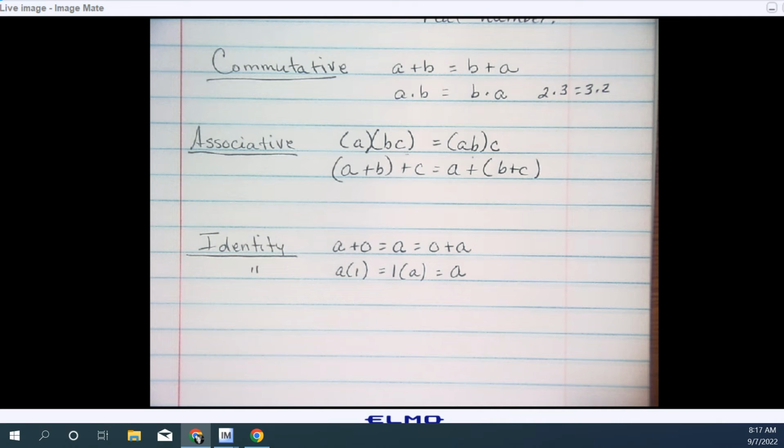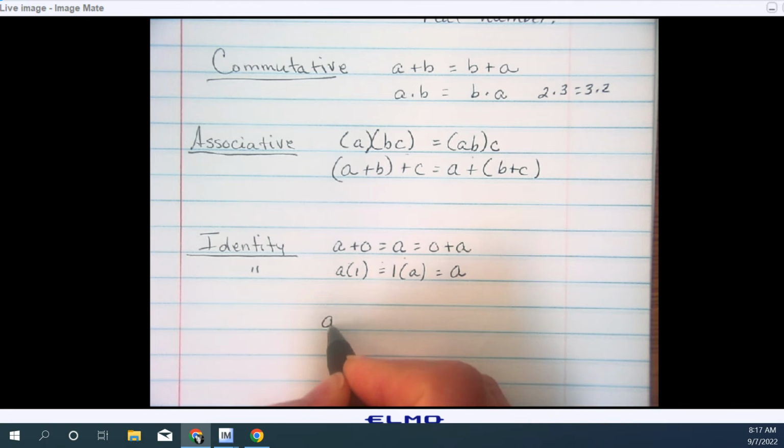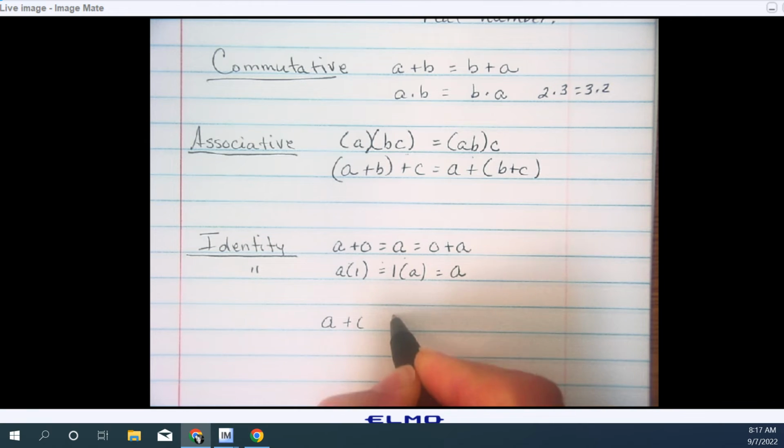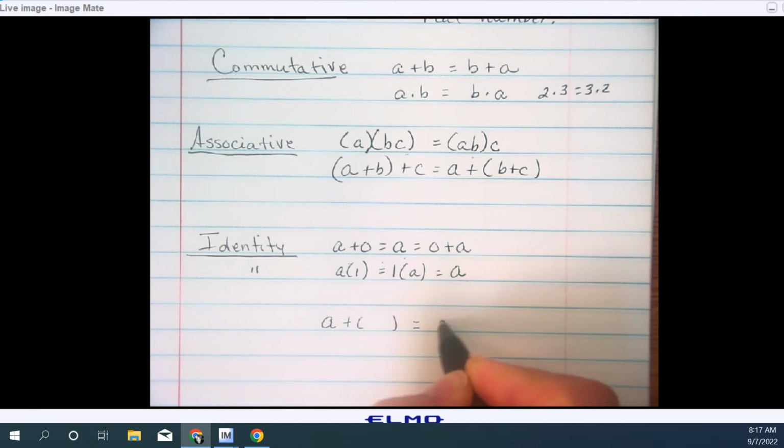Now, here's where things get a little bit dicey. If you are adding 0 to the number and it equals the number, that's the identity. If you are adding a number to A and you get the identity, I'm at 5, how do I get 0?